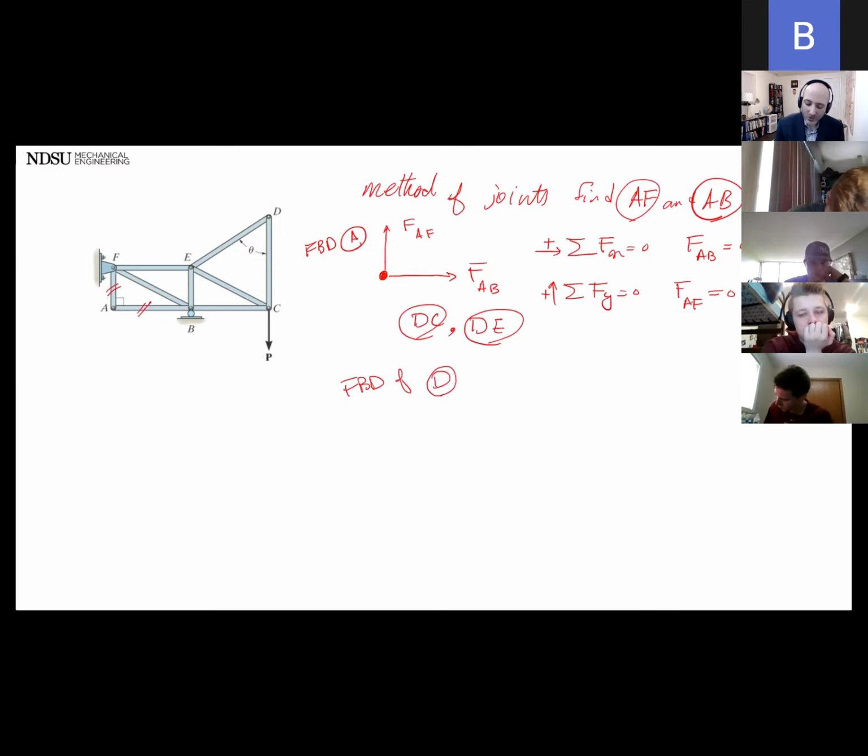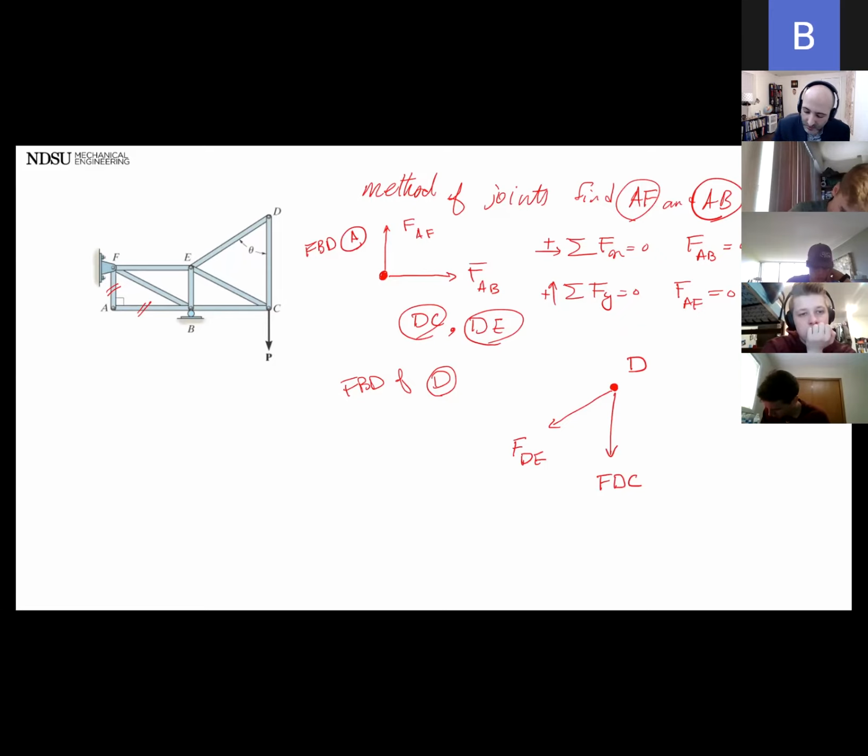So free body diagram of joint D. I'm going to draw the outline, isolate. Then active forces, I don't see any active forces on joint D. I see two reactive forces along the two members. It's going to be FDE, and these are unknown, so I'm just going to always draw them in compression. And FDC.